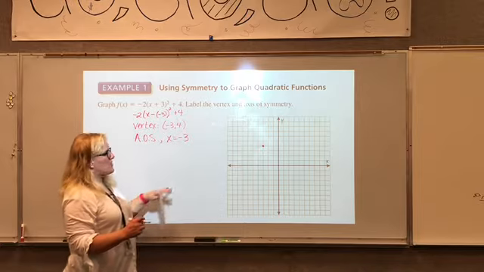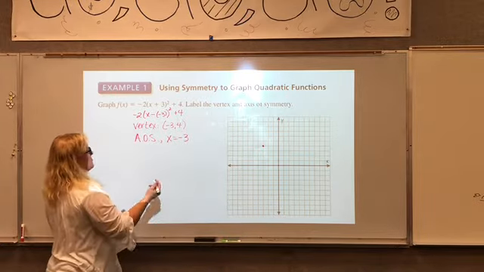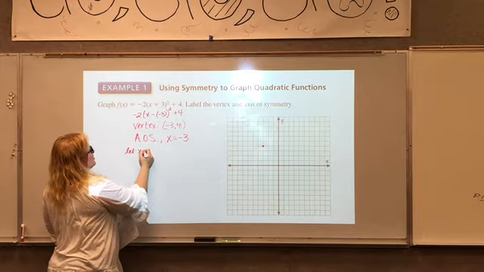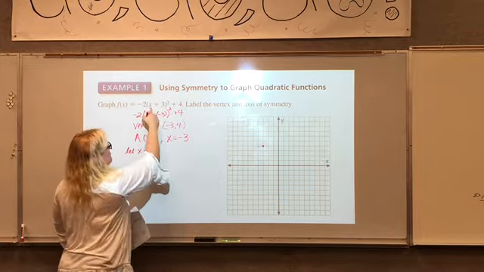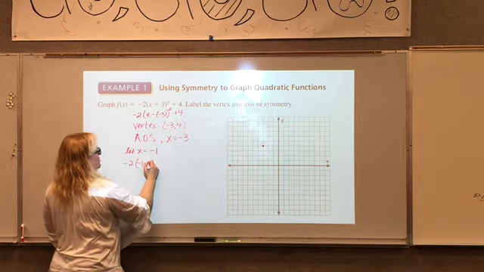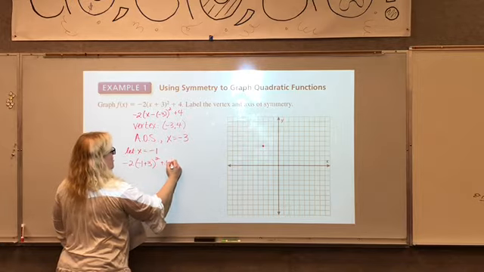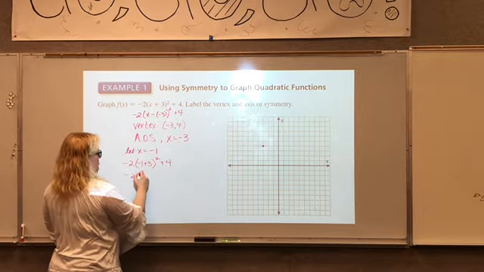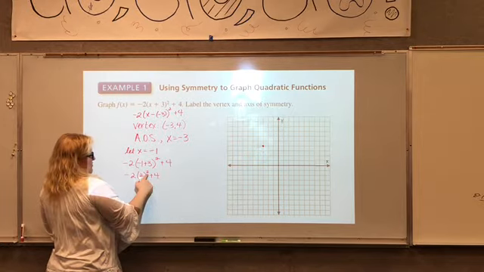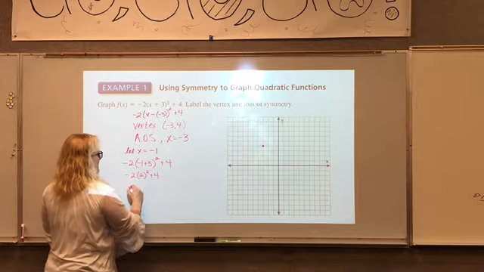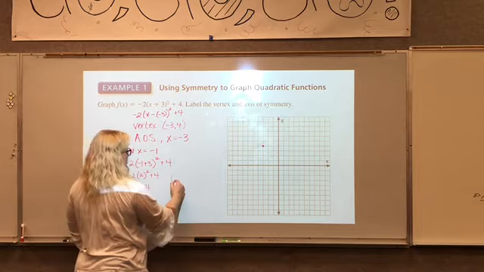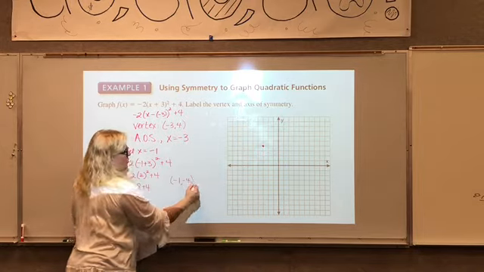So just to plot a couple of points, I'm going to let x equal -1, and if I plug that in, -2 times (-1 plus 3) squared plus 4. This gives me -2 times 2 squared plus 4. 2 times 2 is 4, times -2 is -8, plus 4. So when x is -1, y is -4.